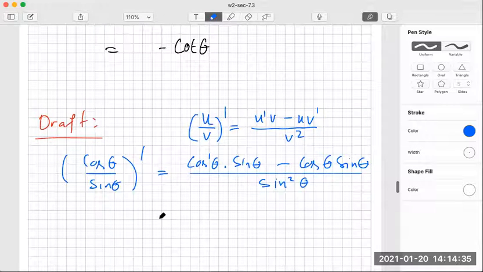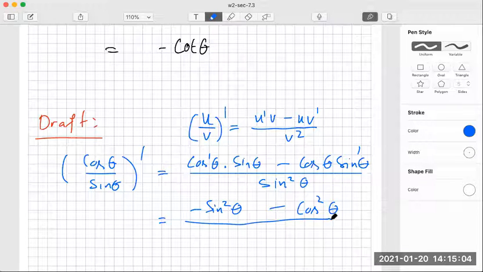So what is the derivative of cosine theta? Negative sine, right? Negative sine times sine, and it will be? Very good. And this one, oh yeah, sine prime gives us cosine, cosine times cosine gives us cosine squared here.